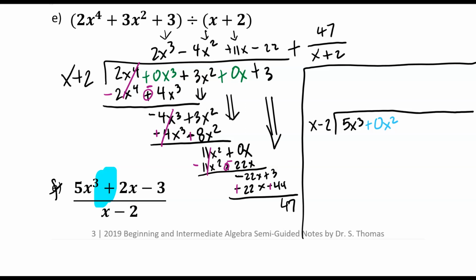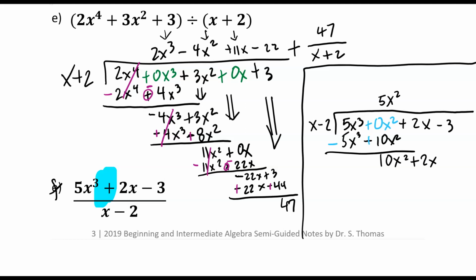All right, and then we're going to write in our 2x minus 3. X times what is 5x cubed is 5x squared. And we're going to multiply that to get 5x cubed minus 10x squared. Then we're going to change our signs, so minus plus. So we have 10x squared plus 2x.